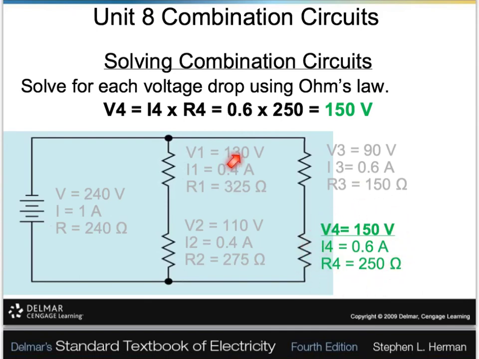Now notice that this 130 volts and this 110 volts adds up to the 240 volts we said this was. The 90 volts here and the 150 volts here adds up to the 240 volts that we said was in this branch. So that voltage equals the total voltage here and the total voltage there.